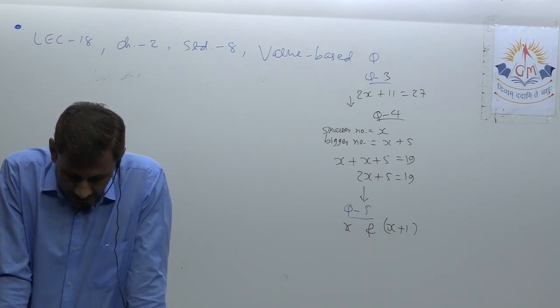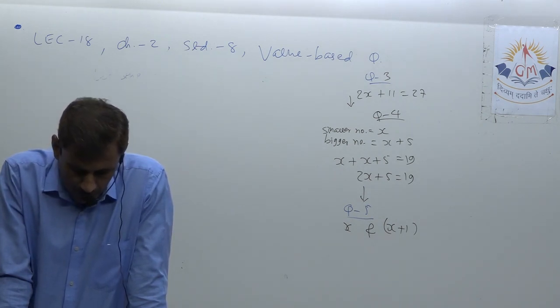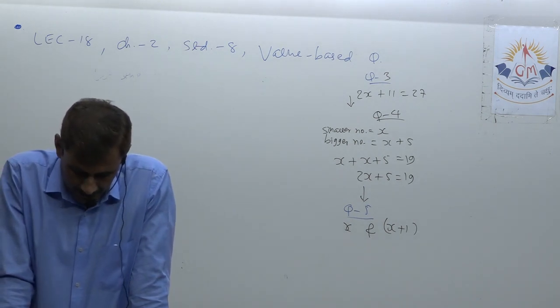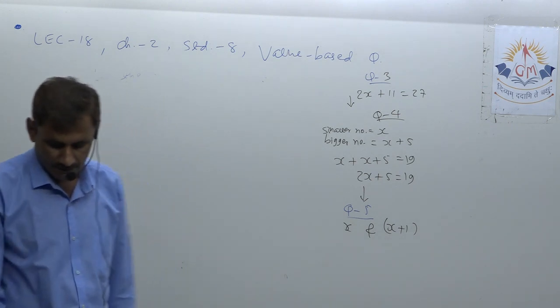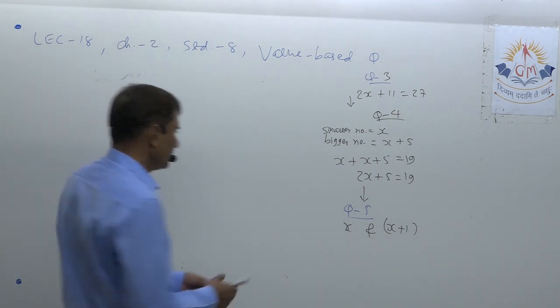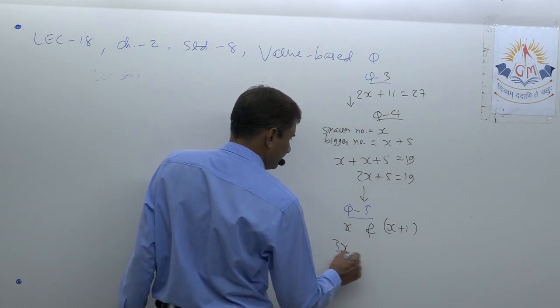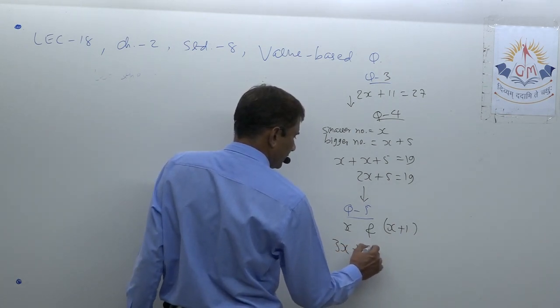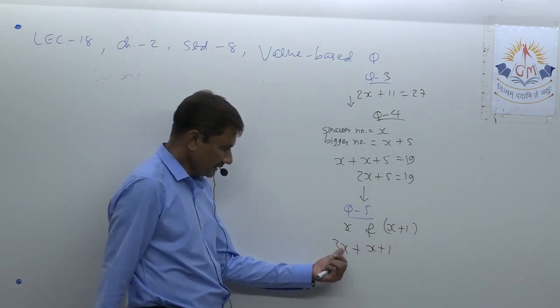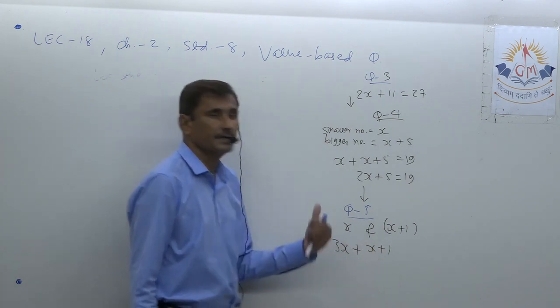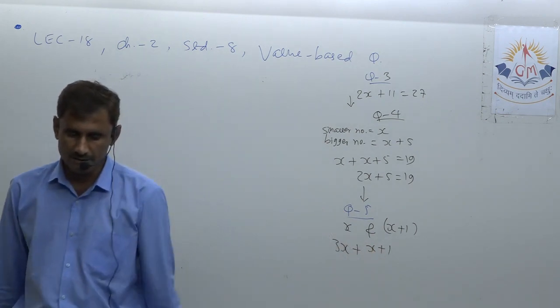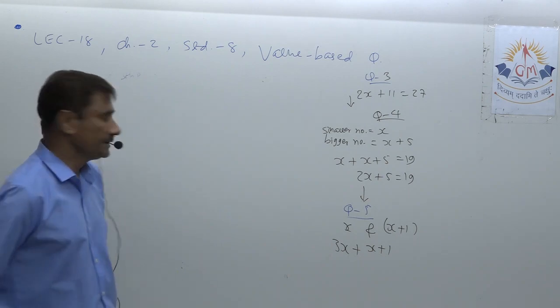The greater number added to 3 times the smaller number. So first of all, 3 times the smaller number, and to that, the greater number is added. How much does it become? 53.